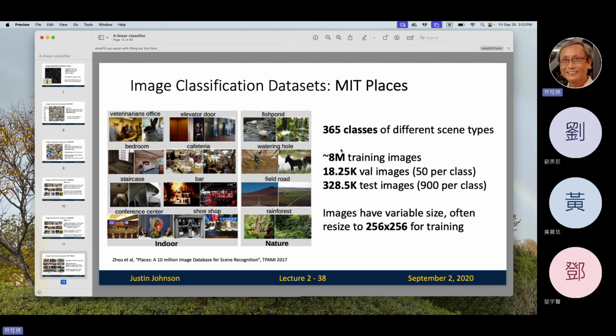I don't know what it's supposed to mean, but it just means some place with water, where people go for something, like a fish pond. Anyway, it has 365 different classes. When you look at the picture, you try to predict which type of scene out of the 365 it is most related to.